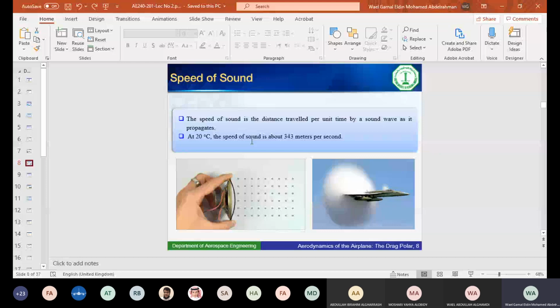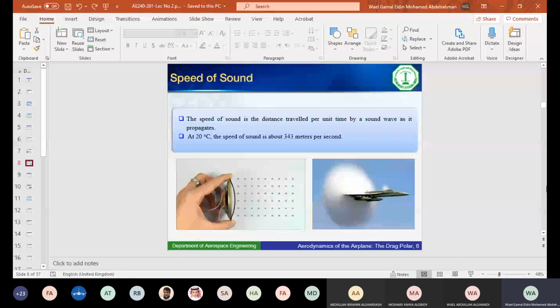You will find the altitude in both units, the British and SI units, but you will find the temperature, pressure, and density mainly in SI units. Although we will be using both units as we go throughout the course.